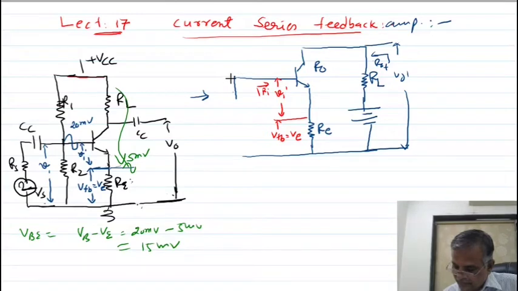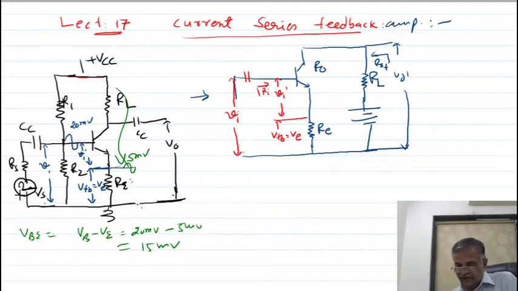And it is VI. I am not showing RS and VS. Okay. So this is your RI, RF.